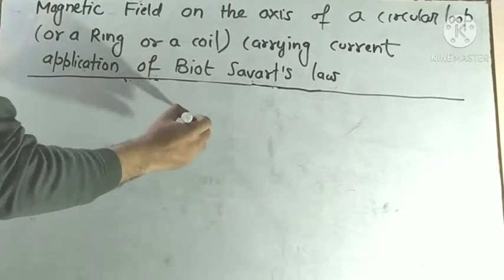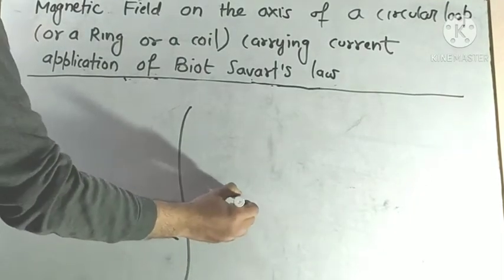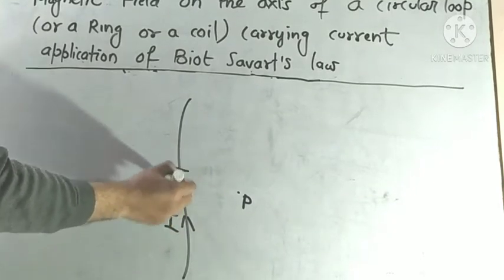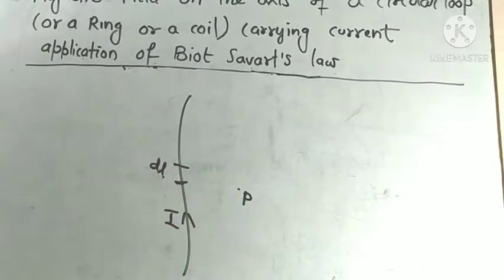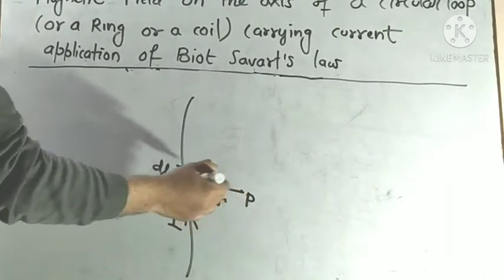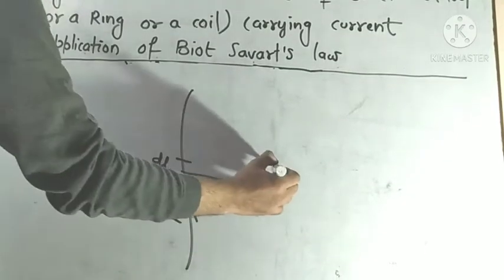Firstly, we take any current carrying conducting wire and a point P in space, and we take any small element of this wire having length dl, and the distance of point P from this small element is r. Now we have to find the magnetic field at point P due to the small element, that is dB.